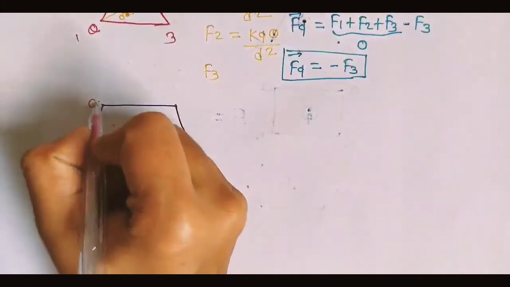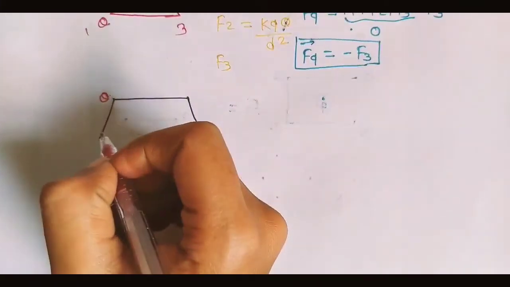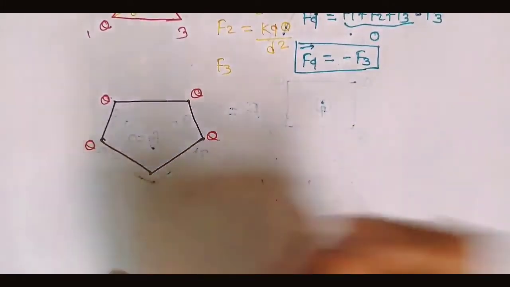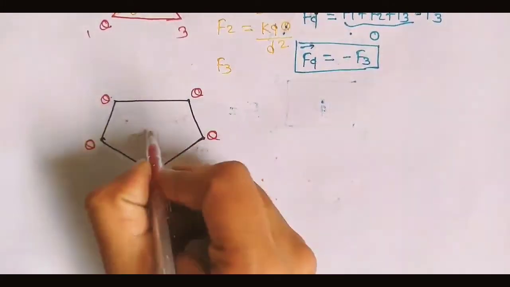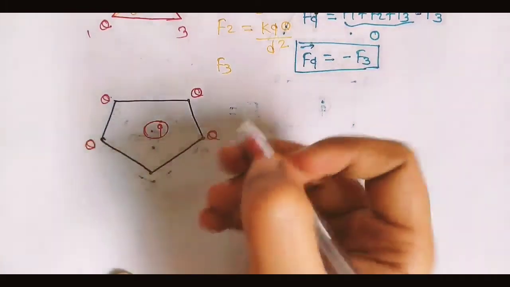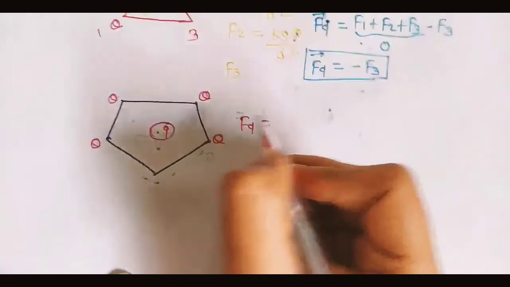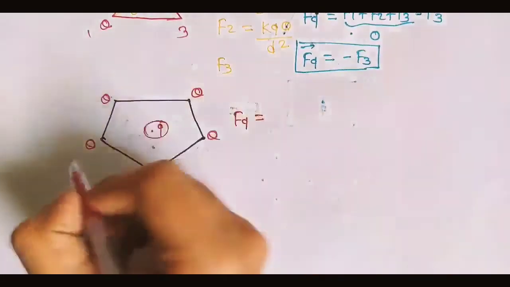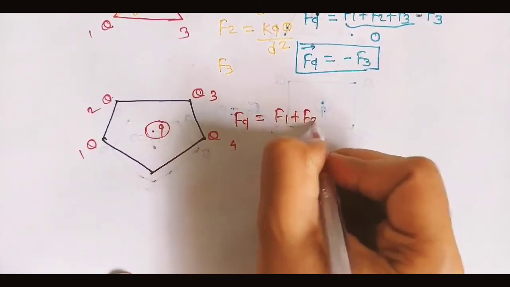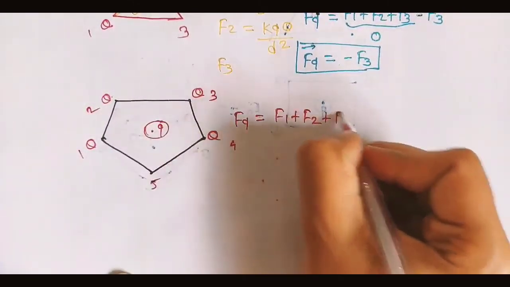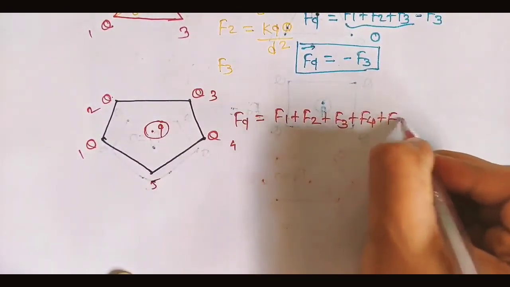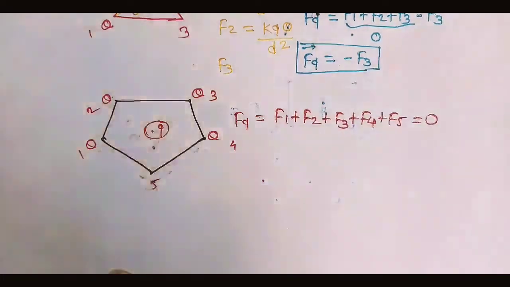Similarly, we have a pentagon. The charges on this are q, this is q, this is q, this is q, and we remove this charge. So this is q, and we have to find the net force on this charge due to these charges. We know that Fq is equal to F1 plus F2 plus F3 plus F4 plus F5, which is equal to 0.